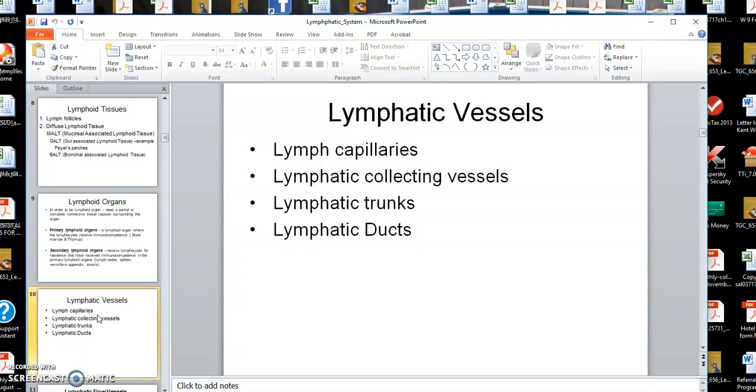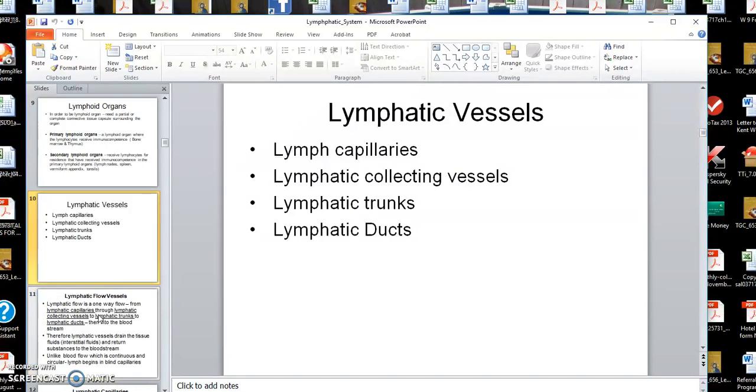It is the two ducts where lymph will enter into the bloodstream. So material is picked up by the lymphatic capillaries, goes to collecting vessels, then to lymphatic trunks, and ultimately to the lymphatic ducts, where there are two of them, and then enters the bloodstream.